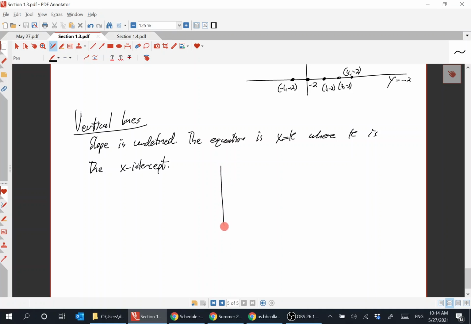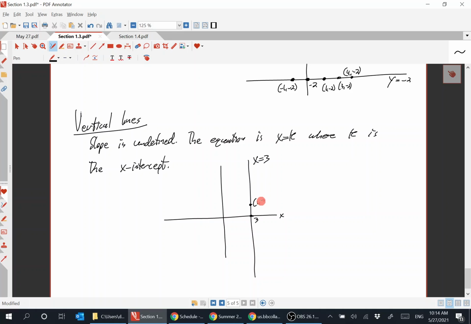So, for example, here would be, say, x equal to 3. So that's the line x equal to 3. So here's 3 on the x-axis right there.